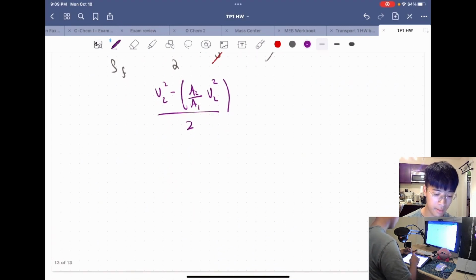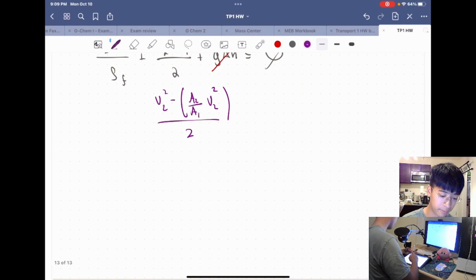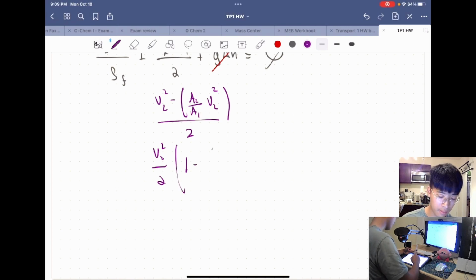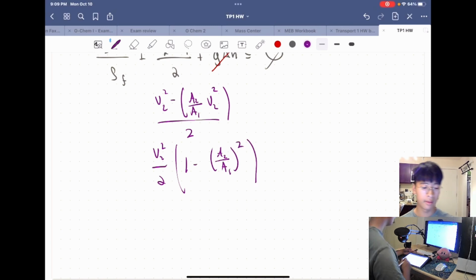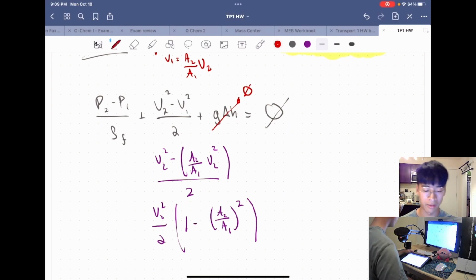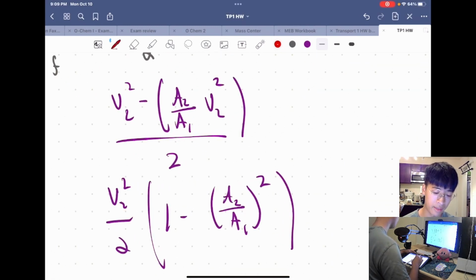You can then factor out a V2 squared and a 2. So V2 squared over 2 is multiplied by 1 minus A2 over A1 squared. So that's our velocity term in Bernoulli's equation. But we have a detail here. What did we say earlier about A2 and A1?